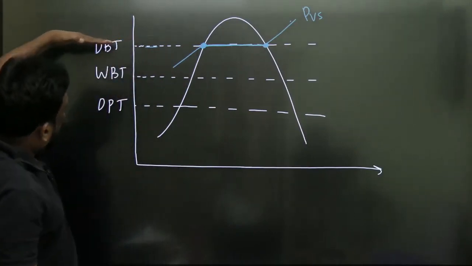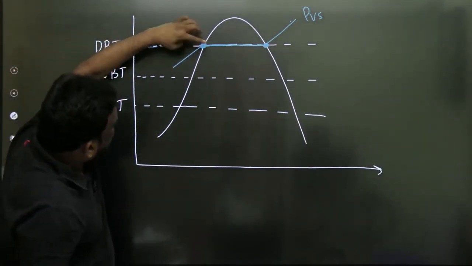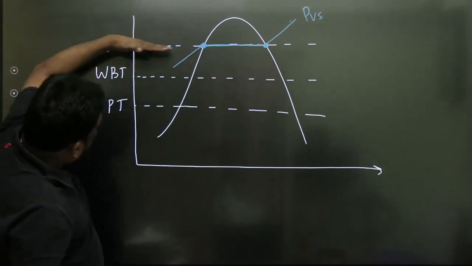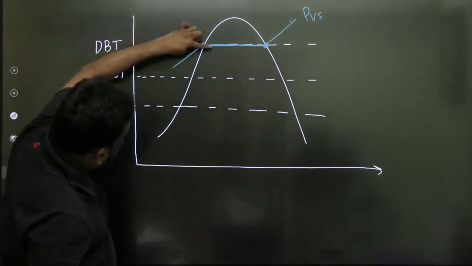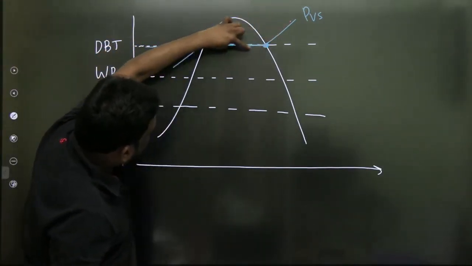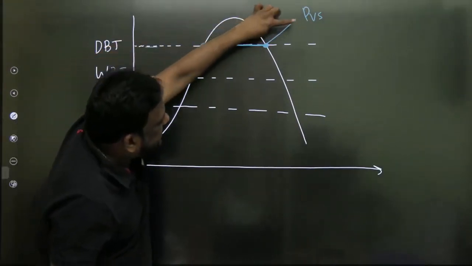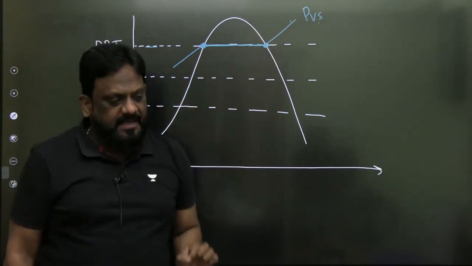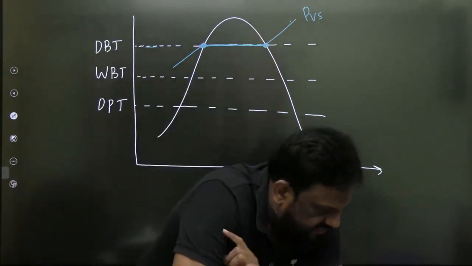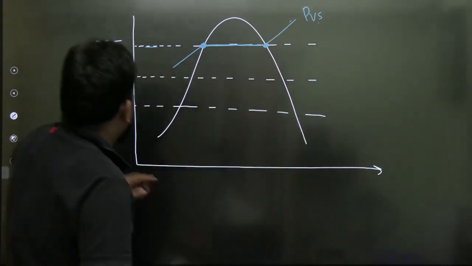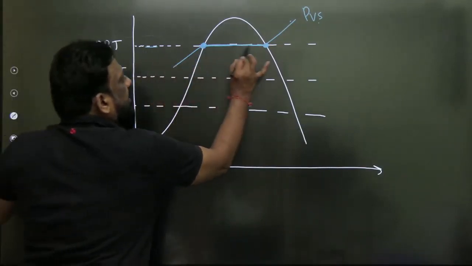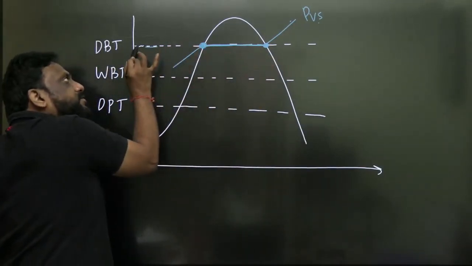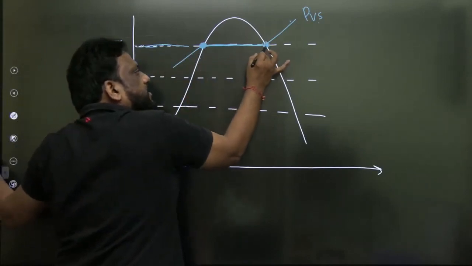ये जो dry bulb, this dry bulb is cutting saturation here. तो ये एक constant pressure line draw करना. इस pressure को we call it as saturated vapor pressure corresponding to dry bulb temperature. Please tell me, is PVS clear? अरे यार, this constant dry bulb temperature line is cutting saturation here.